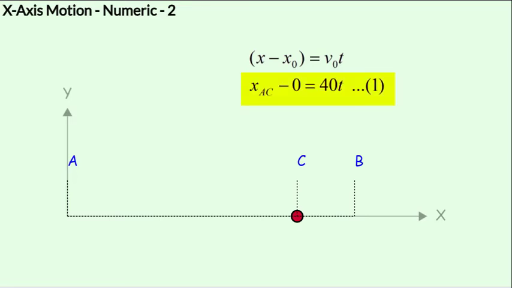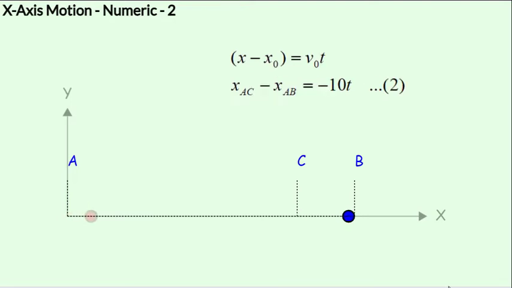Now we move on to the blue ball B. It travels from B to C with a uniform velocity of minus 10 meters per second, minus since it travels in the negative x direction. Again we use the second equation of motion with no acceleration.